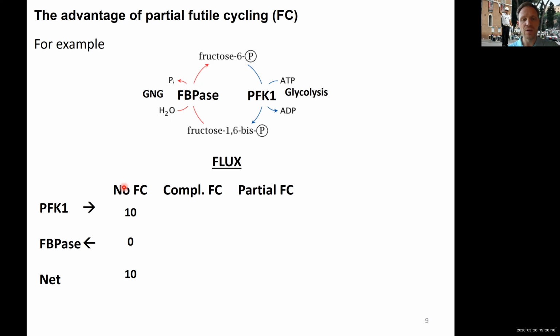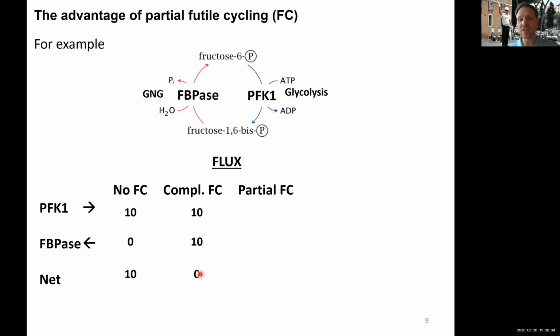Now let's look at complete futile cycling. We're running both pathways at the same time, at the same rate. Again, our forward rate for PFK1 is 10. We're doing complete futile cycling, same rate, so 10 in the reverse reaction, and your net is 0. So this, flux-wise, seemingly does not have any advantage to us.